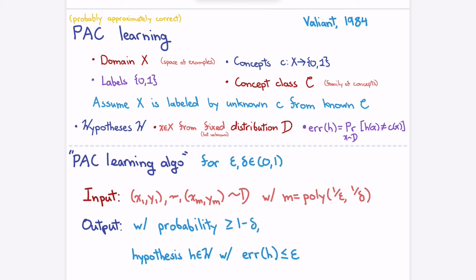So you probably output a hypothesis with small error, but you don't have to always. At the very least, that permits some error caused by the data that you sample. Your algorithm may also be randomized and have some chance of error. Without that, this seems kind of impossible, because the data itself might be terrible.